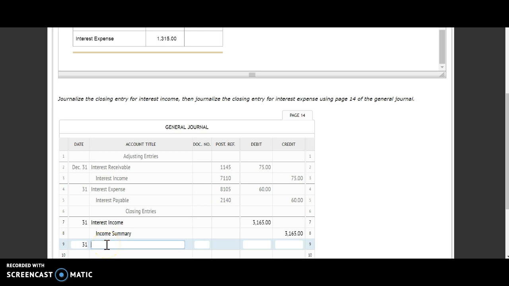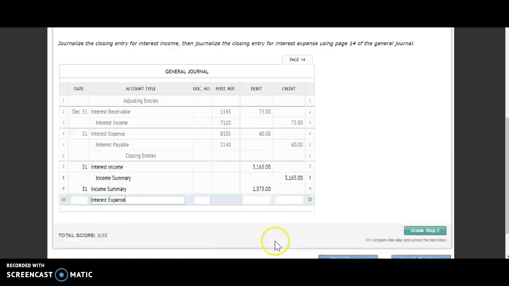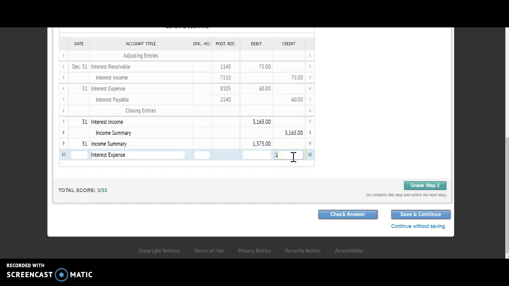So if I credit interest expense, I'm going to debit income summary. I'm going to debit for the amount that I figured out, $1,375. And to close interest expense, I need to credit for $1,375. Grade step 2.